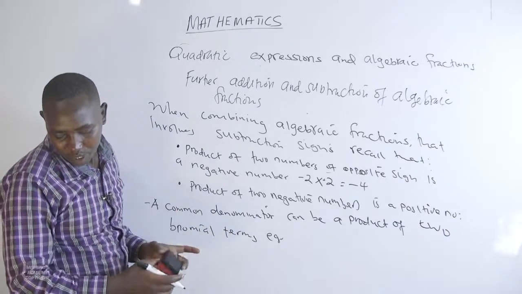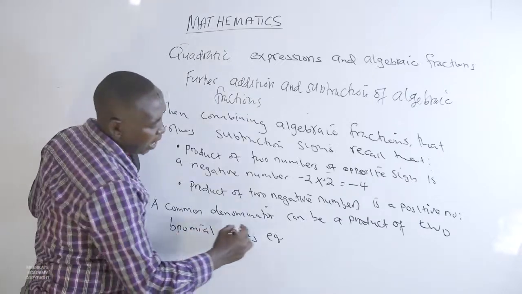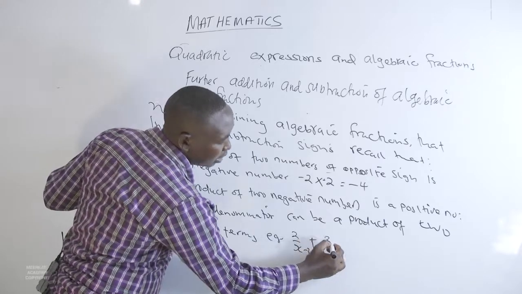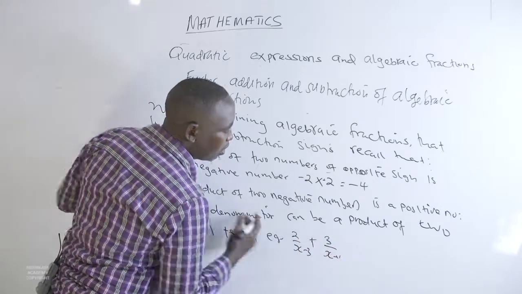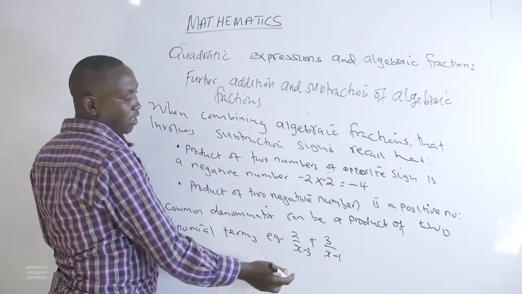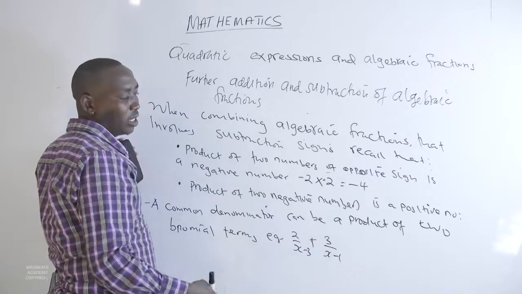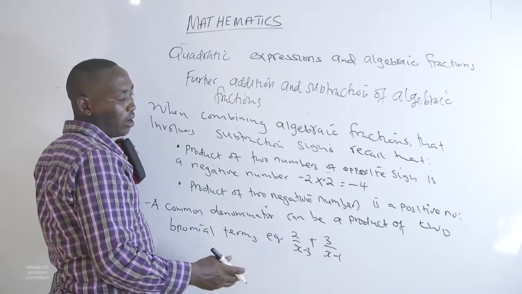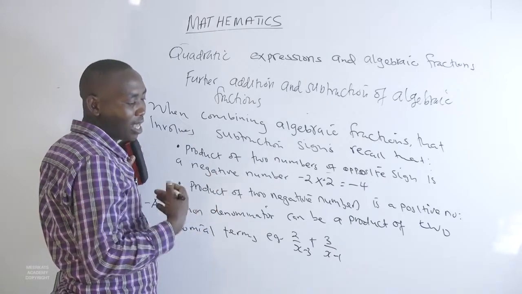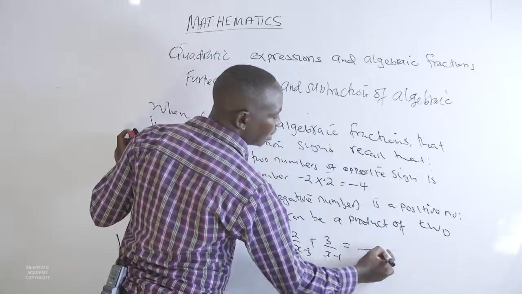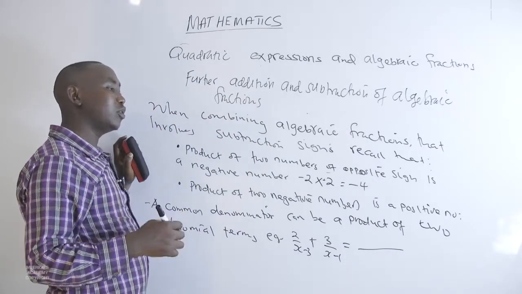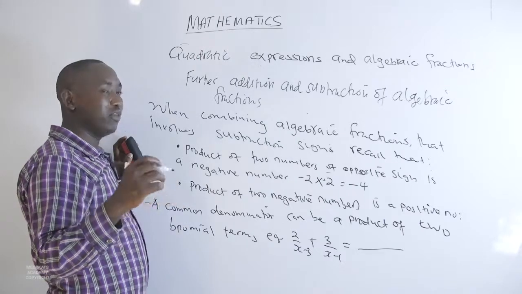For example, if you have 2 over x plus 3, and this is being added to 3 all over x subtract 1. You will discover that the denominators are not the same, and each one of them does not consist of a factor of the other. So in this particular case, the common denominator is going to be a binomial product of the two terms.